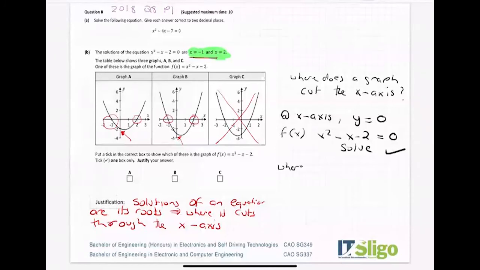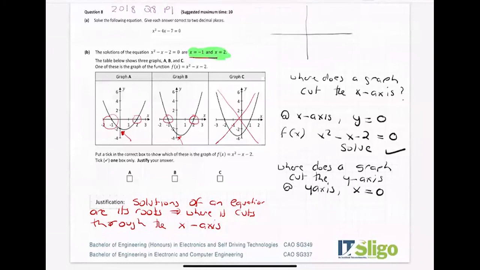Okay, now where does a graph cut the y-axis? Well, at the y-axis, it happens to be the x-coordinate that's 0. Okay, and why is that? Well, if I draw a few axes, there's 1, there's 2, there's 1, there's 2. If we look at the actual coordinates on the x-axis, it's x comma y.